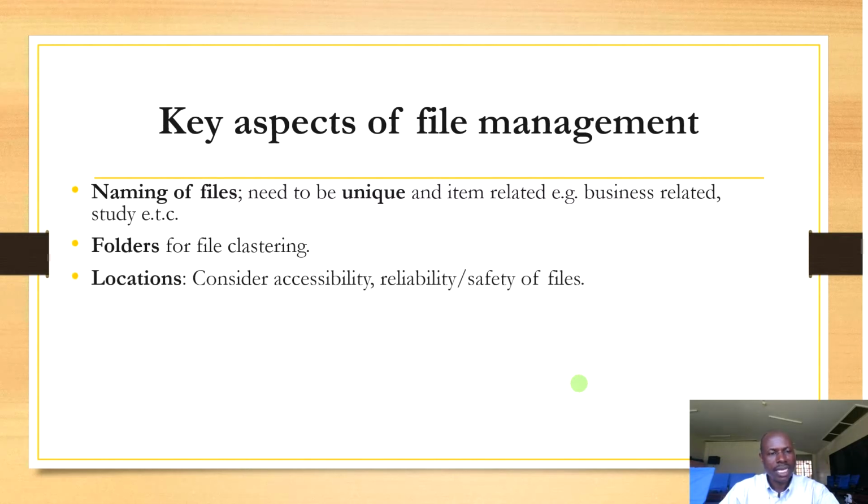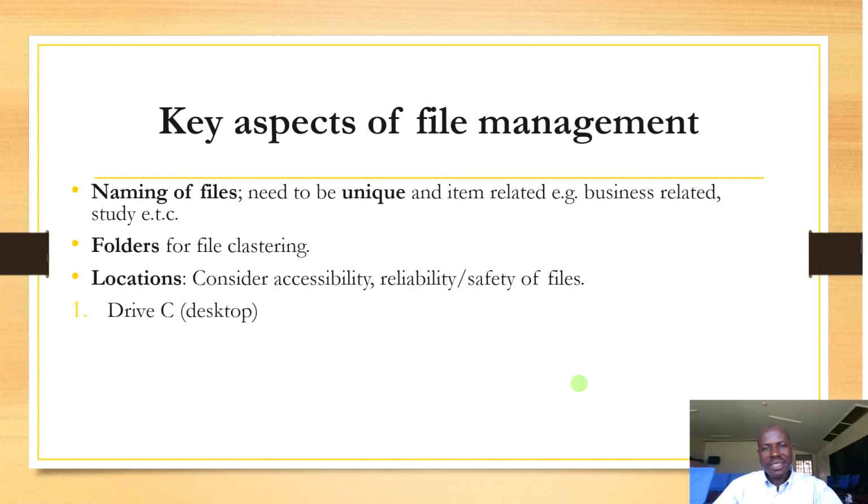Then, thirdly, we need to have a better perception of where we locate our files. For these locations, we have to be considerate of accessibility and reliability or safety of our files. Some places may be accessible but not reliable. Some may be reliable but hard to access.